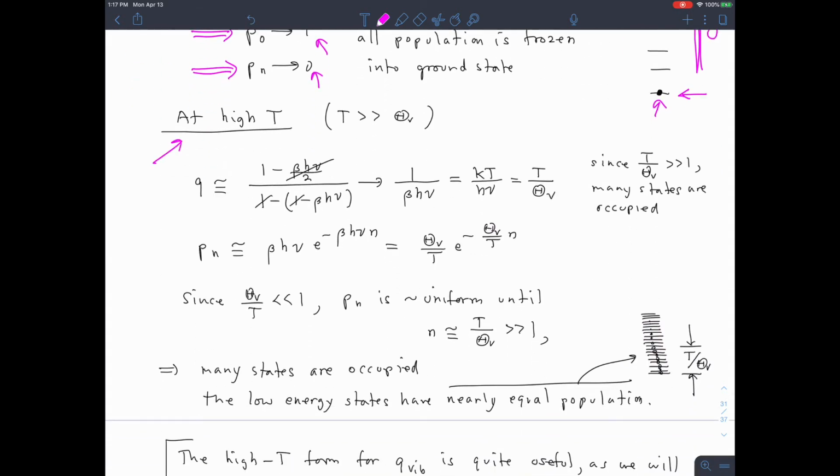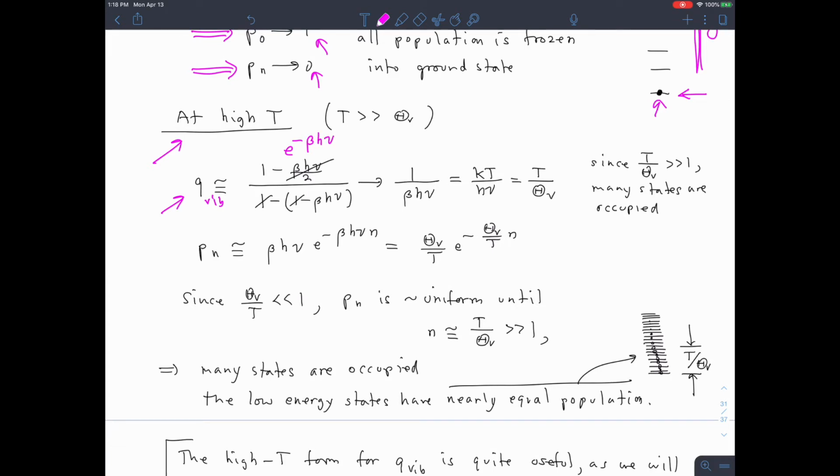As you go to high temperature, we have to do a little bit of algebra to get a mathematically useful form for the vibrational partition function. The factor on top, the zero-point energy factor, is e to the minus beta h nu over 2.